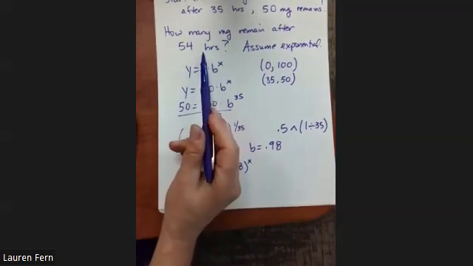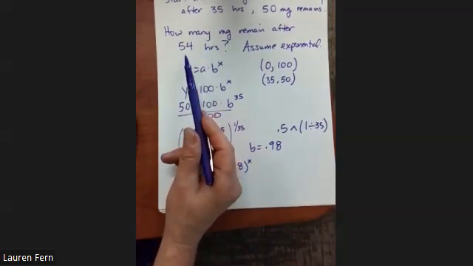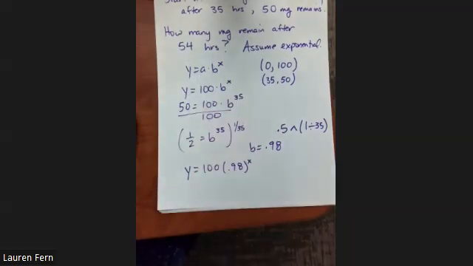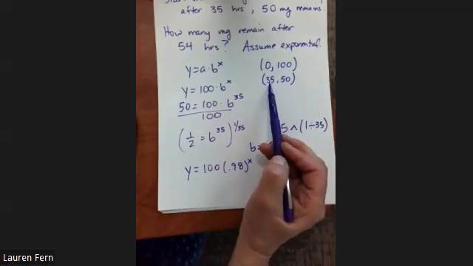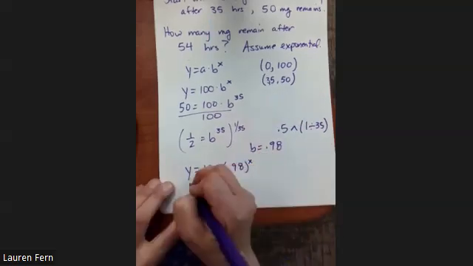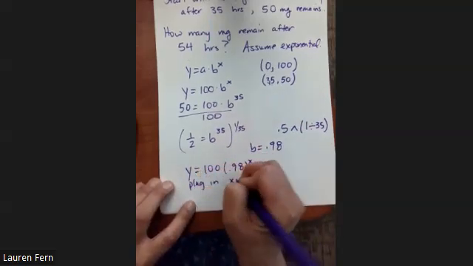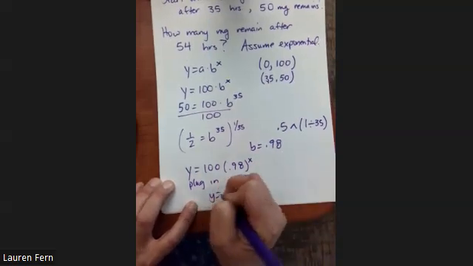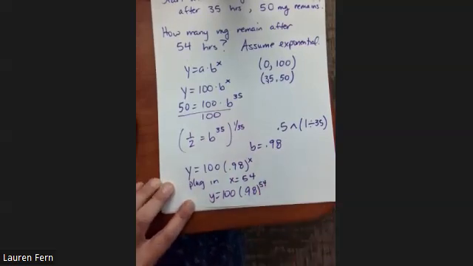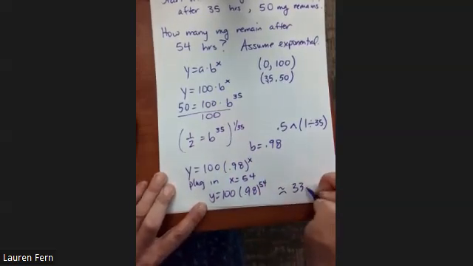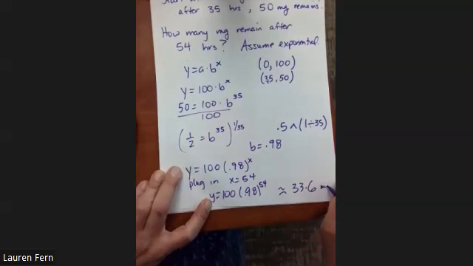We were actually originally asked, okay, how many milligrams remain after 54 hours? So what are we going to do with that 54? Well, the hours was my x value. Won't we plug in 54 for x? So we're going to plug in x equals 54. And if you do that, you're going to get about 33.6 milligrams.